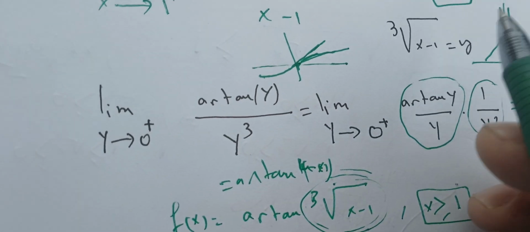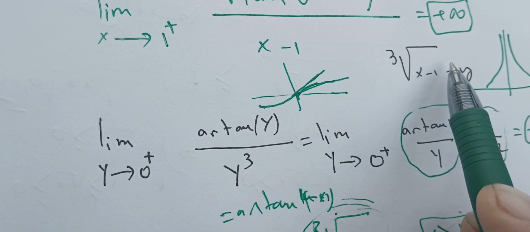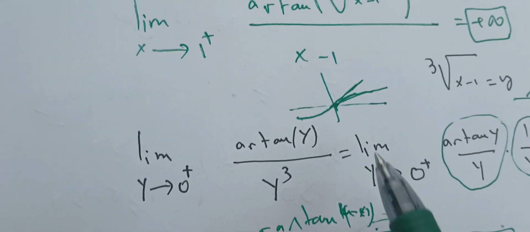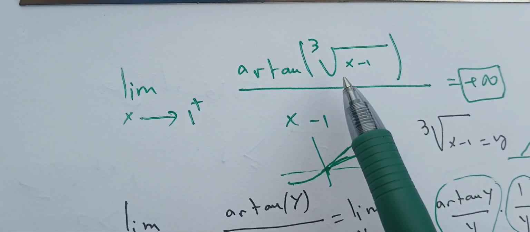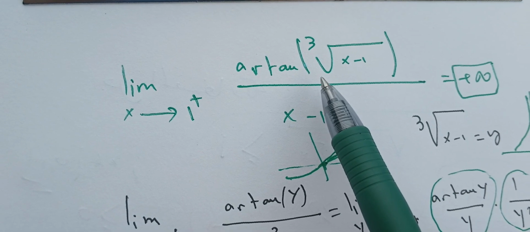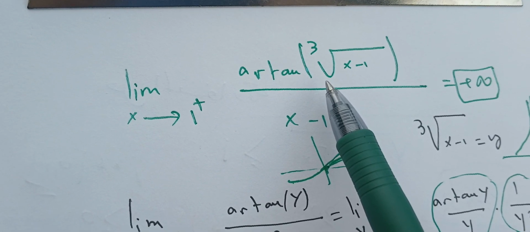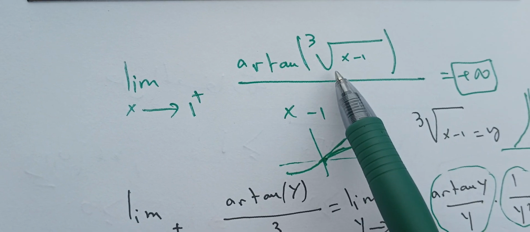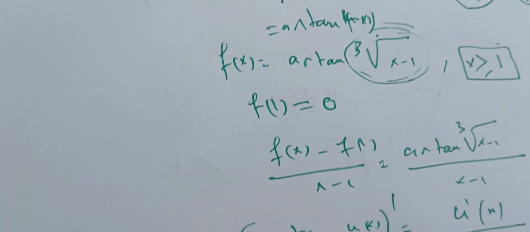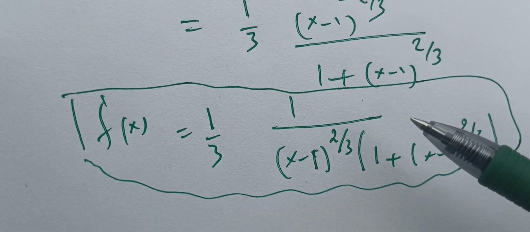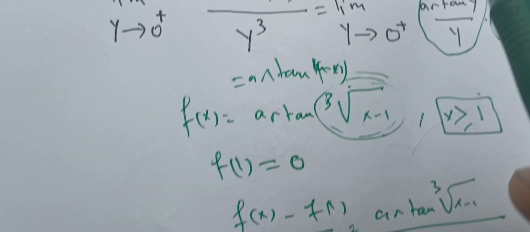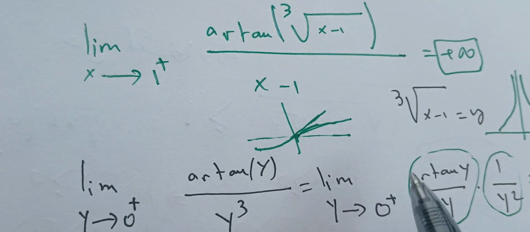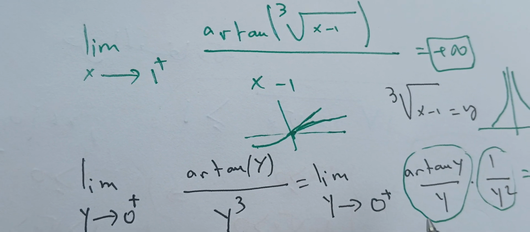So the easiest way is to just use the change of variable. The other thing is that this limit is the derivative at 1 for the function arctangent of the cubed root of x minus 1. Here we tried and found the derivative, but the other way is quicker. Remember that we are trying to find the tangent at 1.